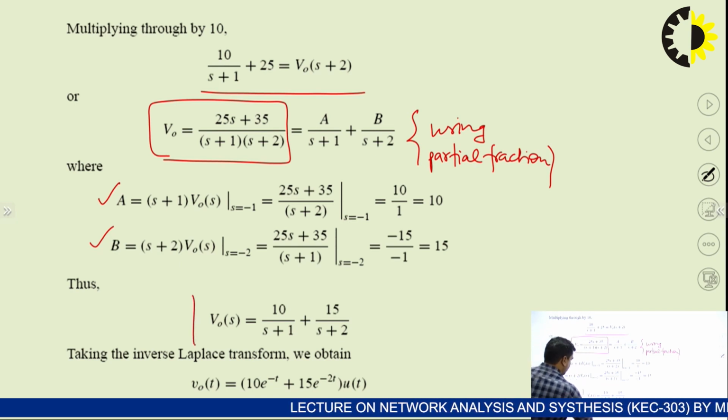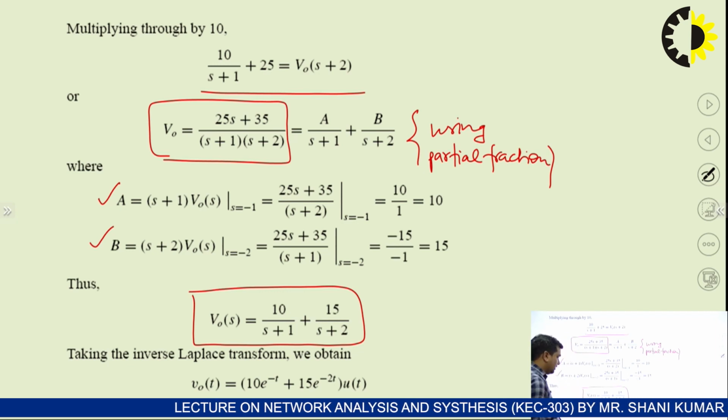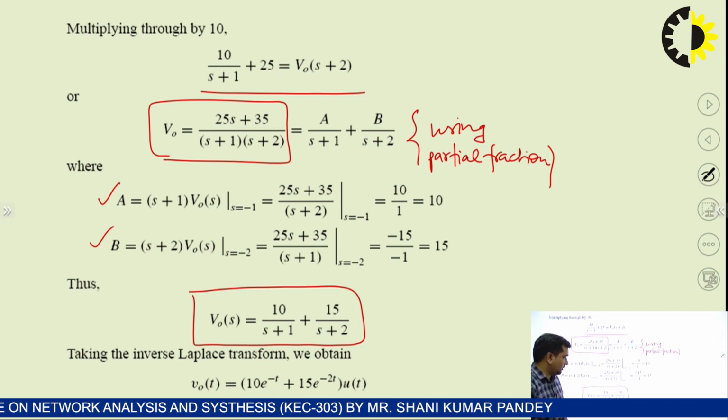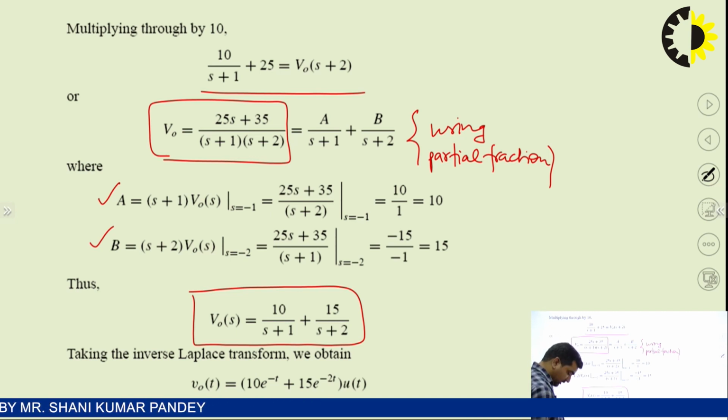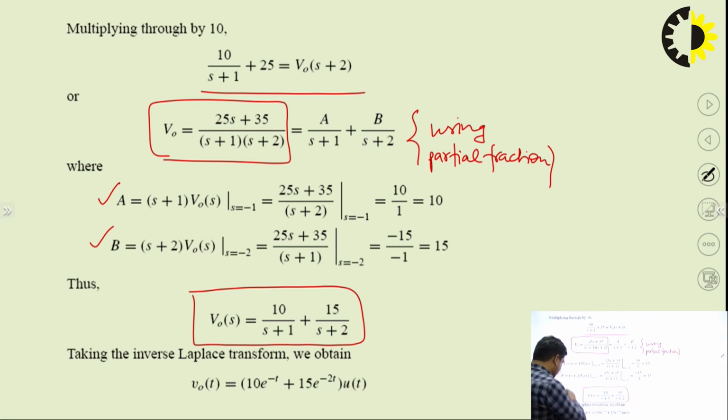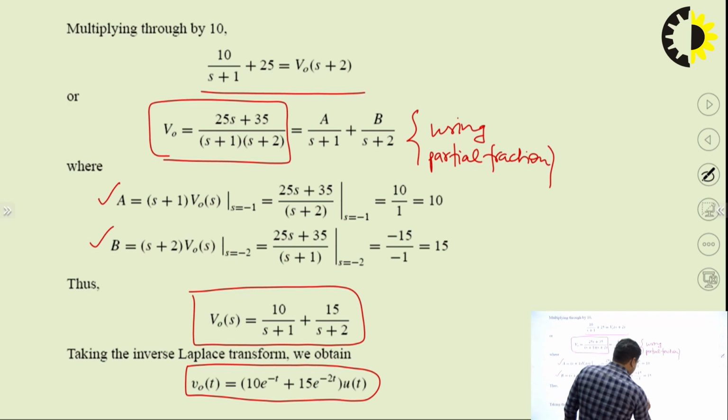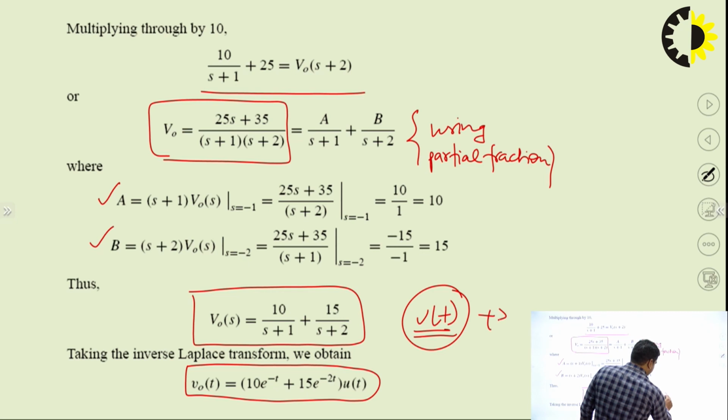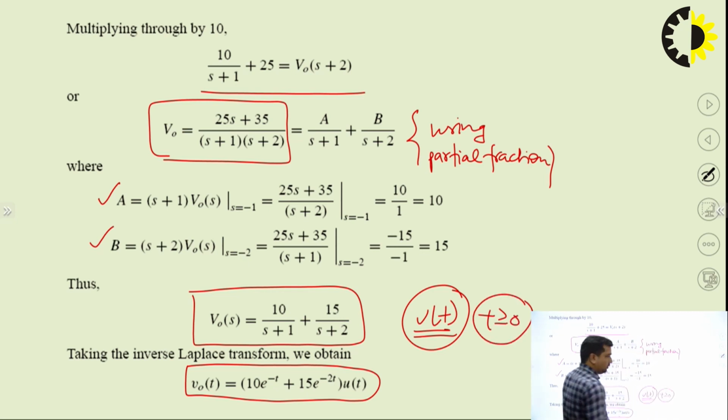Here the voltage across that particular capacitance in the s domain becomes 10/(s+1) plus 15/(s+2), and by taking the inverse Laplace, we get the voltage 10 e to the power minus t plus 15 e to the power minus 2t, u(t). The u(t) defines that the function has value starting from t equal to 0 or greater than 0.